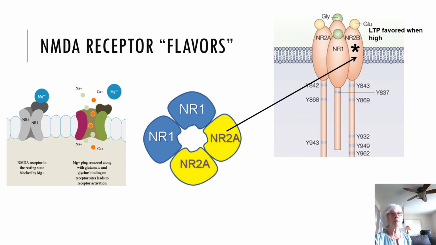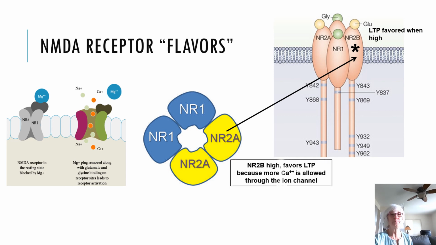When we have more NR2Bs, we are in a depressed state. So long-term potentiation is favored when NR2B is high.